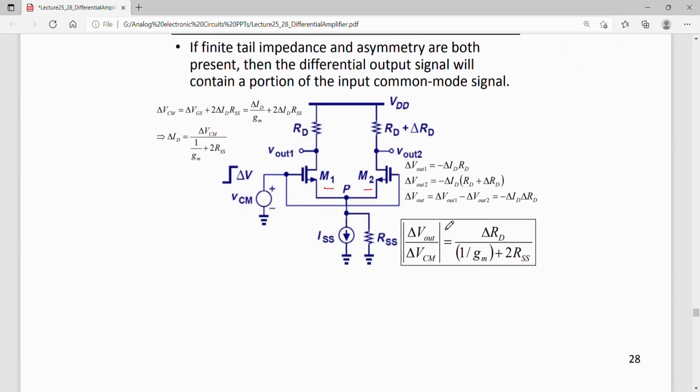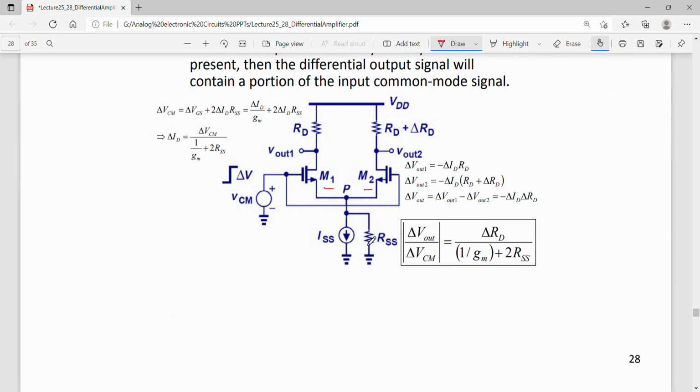The rest of the circuit is exactly the same, that is you have a finite tail impedance associated here also, and a small change in drain resistance of this transistor. So one can again write delta VCM similar to what we had written for the BJT. Delta VCM is delta VGS plus 2 times delta ID RSS.